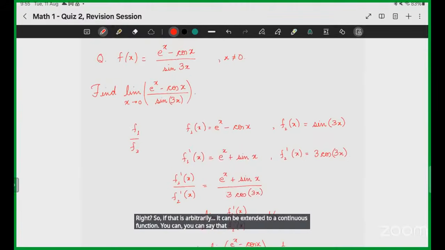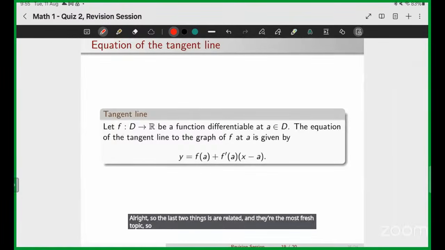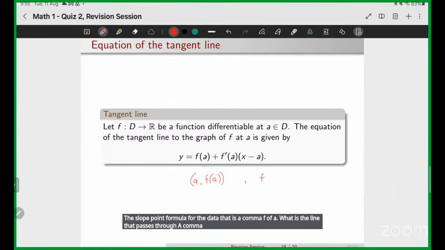All right. So the last two things are related and they're the most fresh topic. I'm hoping people know this already, that this is just the point-slope formula for the point a comma f of a. What is the line that passes through a comma f of a with slope f prime a? It's precisely this.